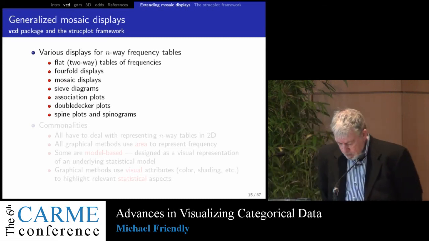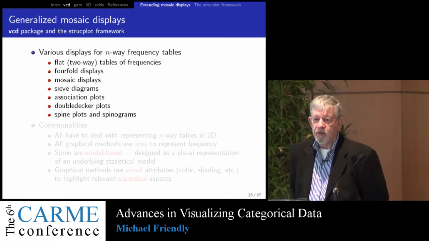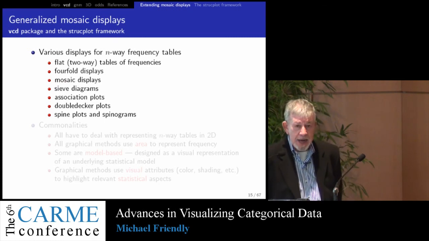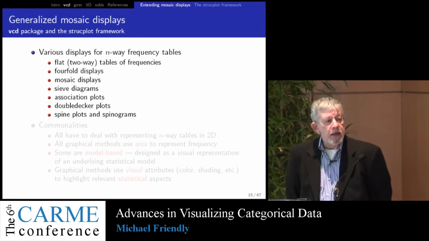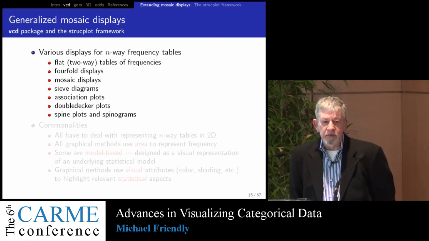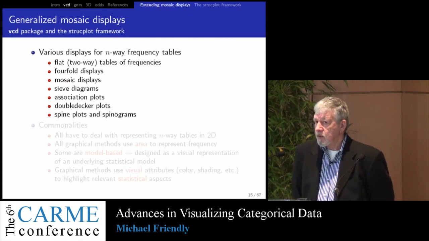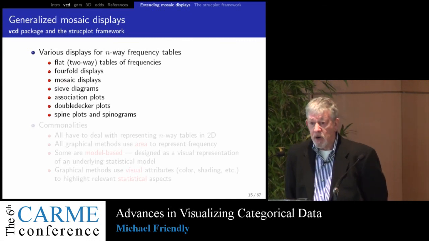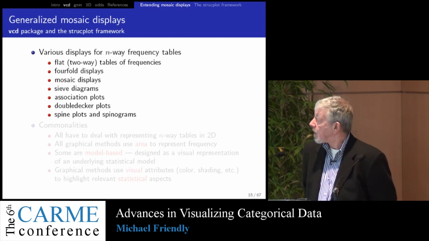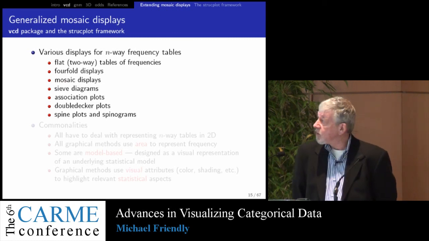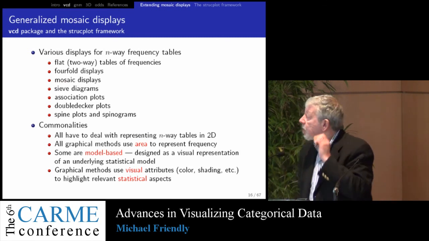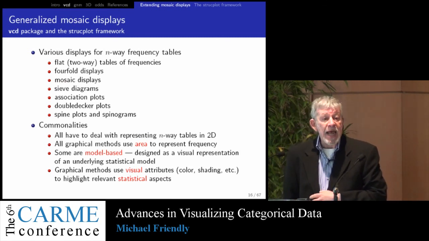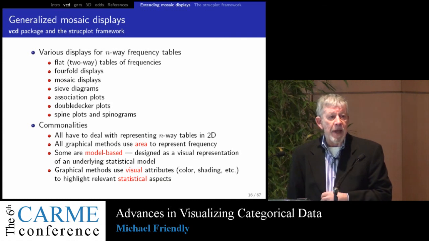So let me now talk about the organization of the VCD package for visualizing contingency tables. It recognizes the fact that there's quite a variety of instances of displays, different types, different principles, different construction methods for showing n-way frequency tables. Yet there are certain commonalities. They all have to do with representing n-way tables in two dimensions.